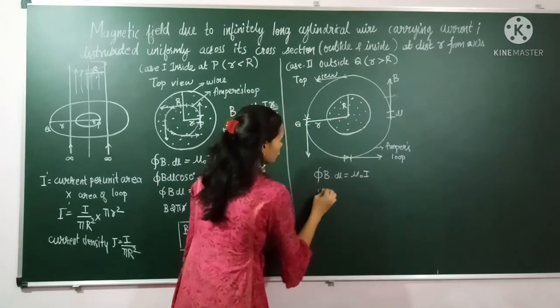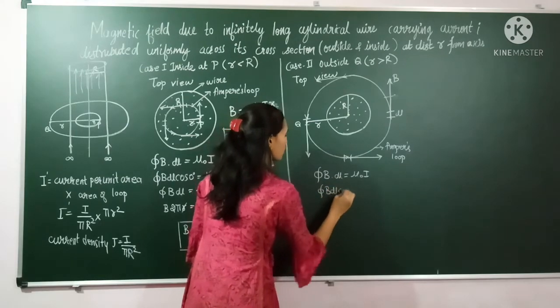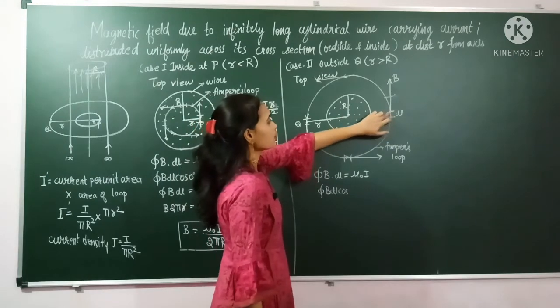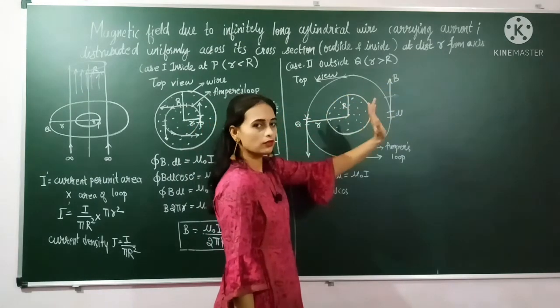So now closed integral B dot dl can be written as B dl cos theta. Theta value, again you tell me: this is the direction of dl and this is the direction of B. Both are in the same direction, so theta value will be 0.